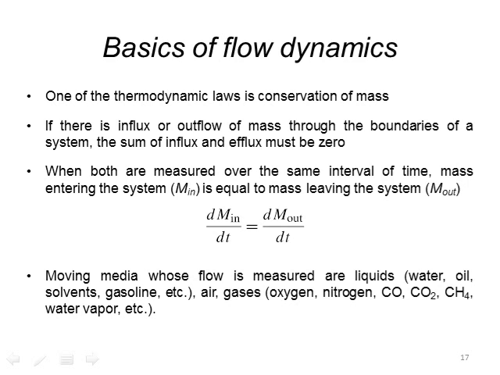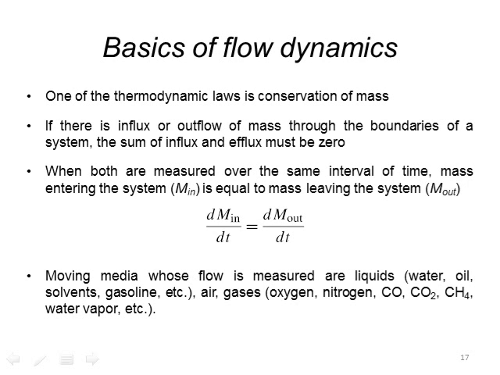So going back to the very basics of flow dynamics, we have to remember the thermodynamic law, conservation of mass. If there is an influx or an outflux of mass through the boundaries of a system, so in and out, the sum of the influx and efflux must be zero. Conservation of mass.